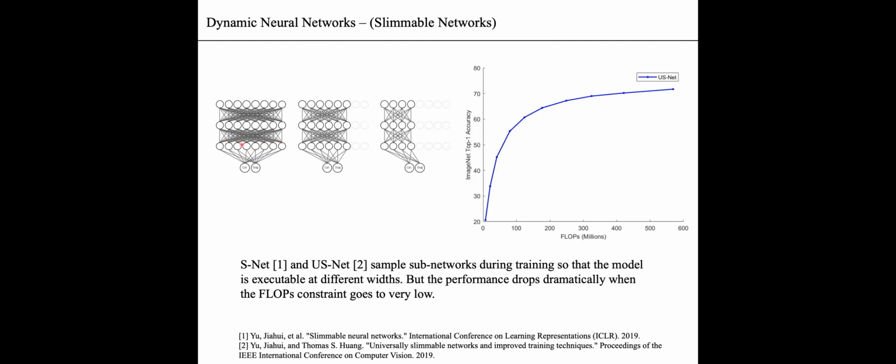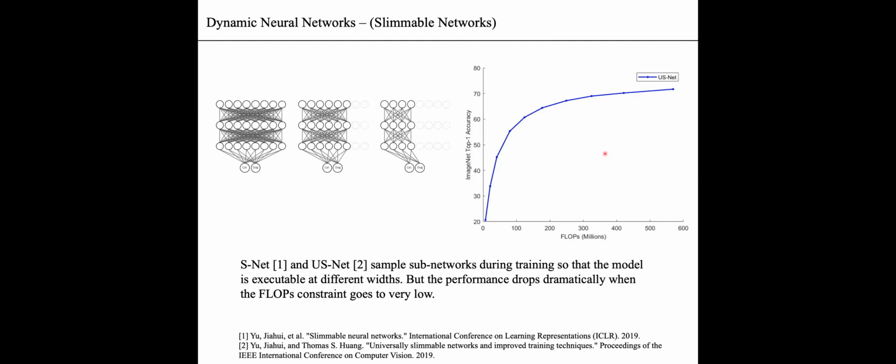As the figure shows, this is the full network, and we can slim it into a smaller subnetwork according to some slimming ratio. And this is another one with a larger slimming ratio. By sampling these subnetworks during training, the network is able to run at different widths to meet different computation budgets.